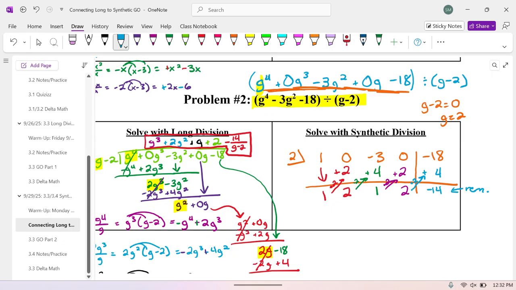So remember, you take the highest exponent and subtract 1. So our first one would be 1G to the 3rd. What would my next one be? 2G squared plus, and then how do I write my remainder? -14 over G minus 2. Good. And we got the exact same answer that we originally did.